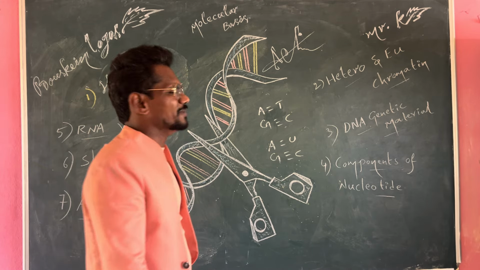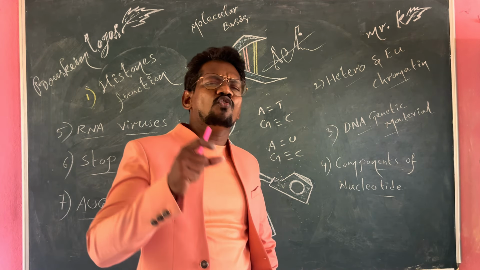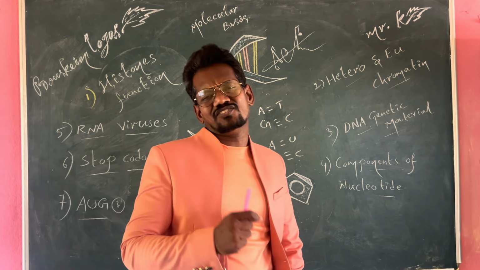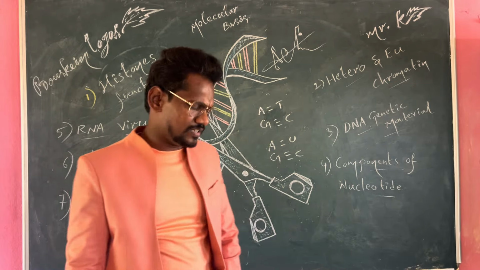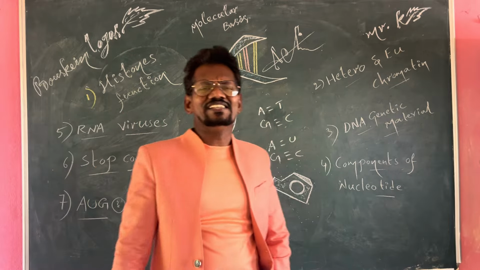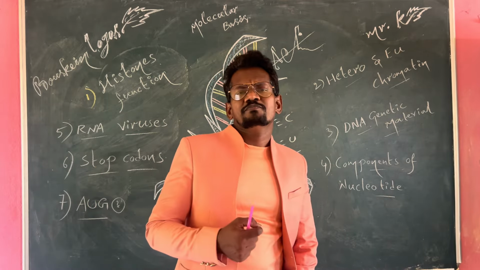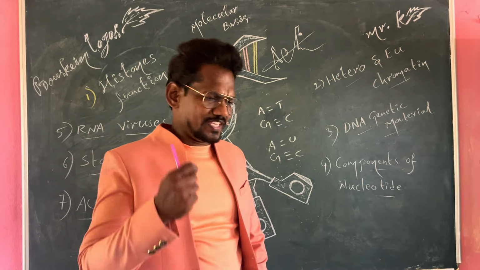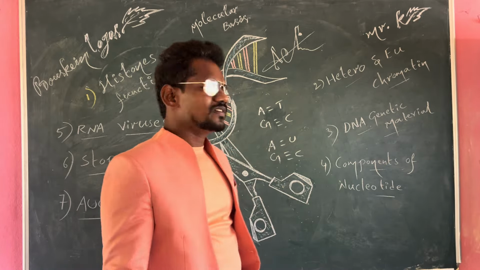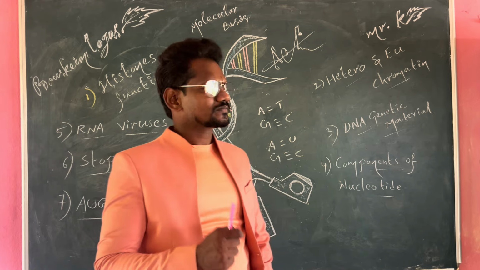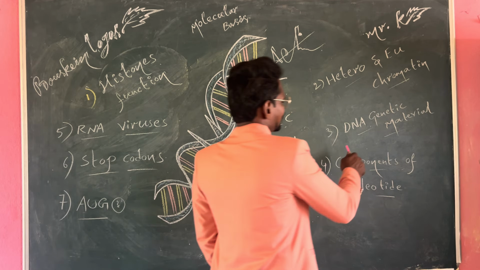DNA as genetic material. Who first proposed DNA as genetic material? There are 2 scientists who, with the help of bacteriophage, concluded DNA is a genetic material. Who are those?